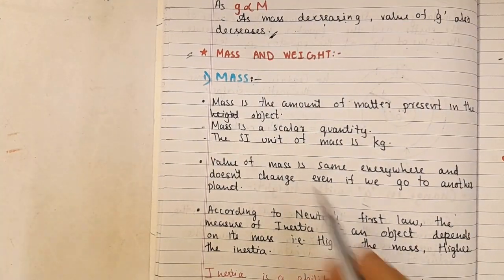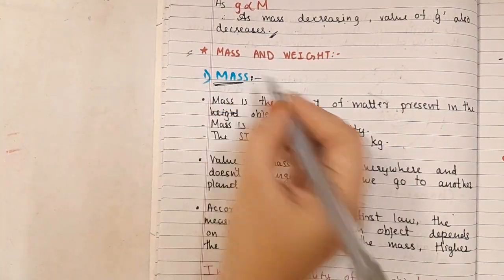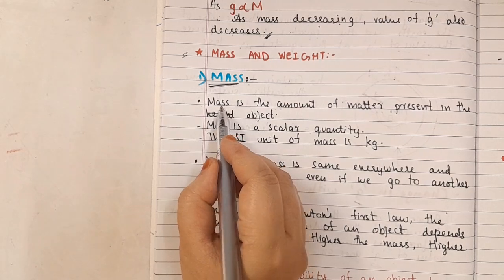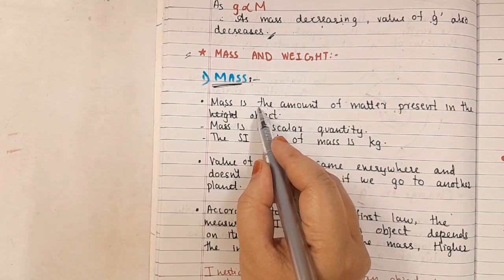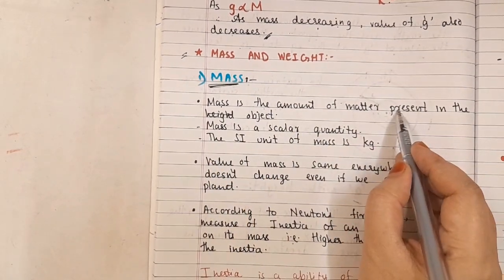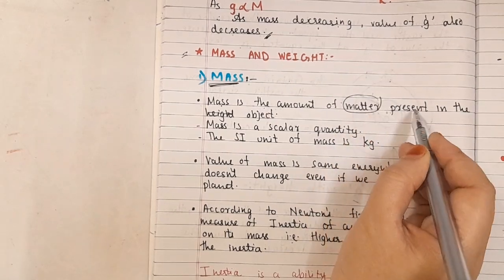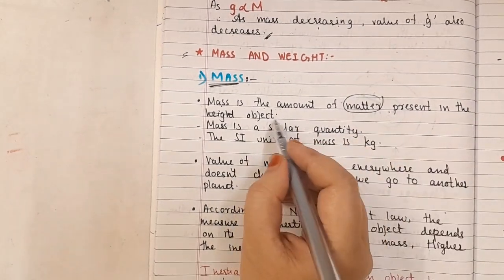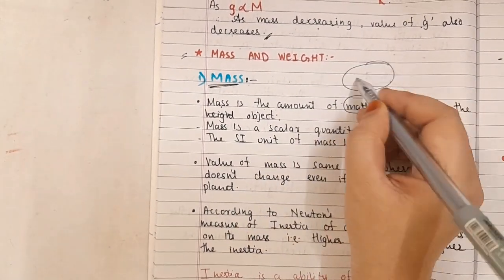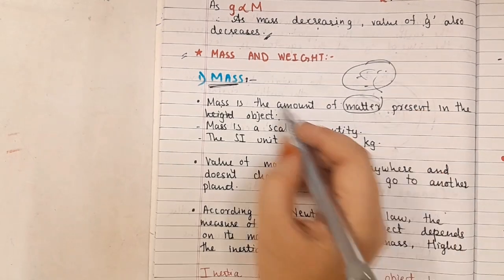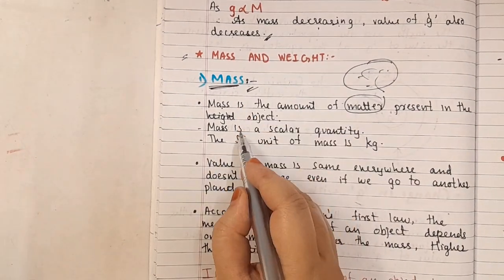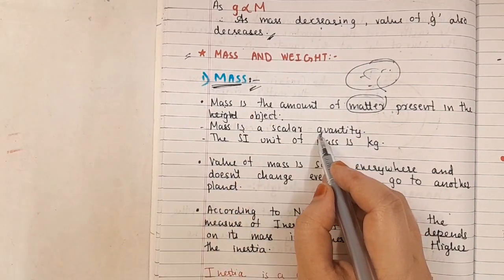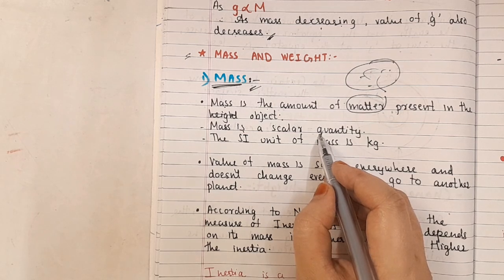Now what are these? First, let's see mass. What is mass? It is the amount of matter present in the object. That means this amount of matter present in the object is nothing but mass, and mass is a scalar quantity. That means it has only magnitude, not direction.